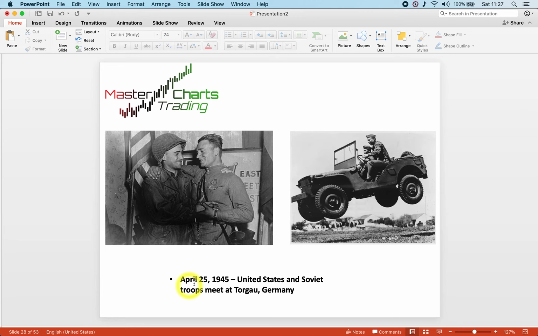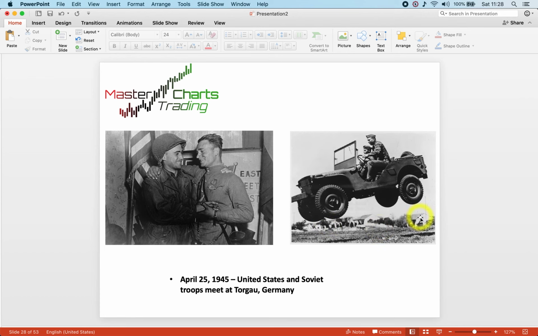My grandpa actually told me he met United States troops in Torgau, Germany. This is my father's father. I don't think that's him, but he told me stories about this type of thing, where he saw American troops doing this kind of thing.